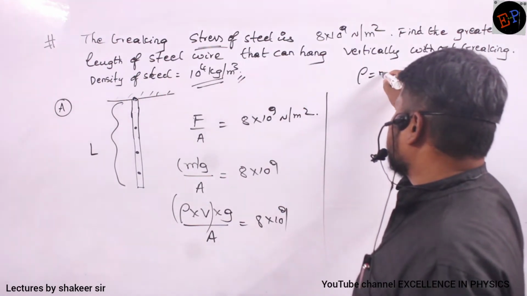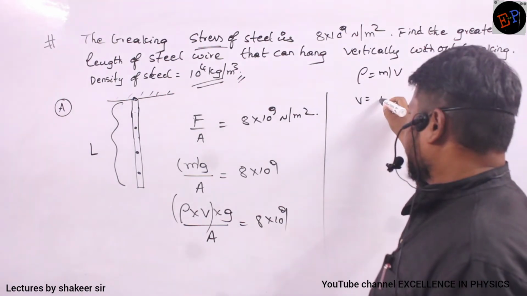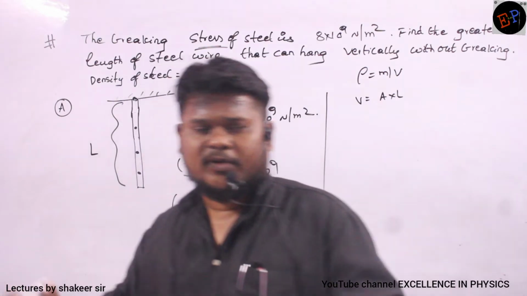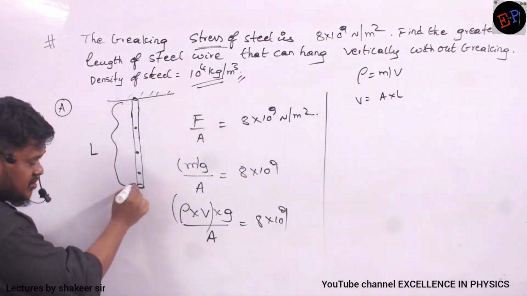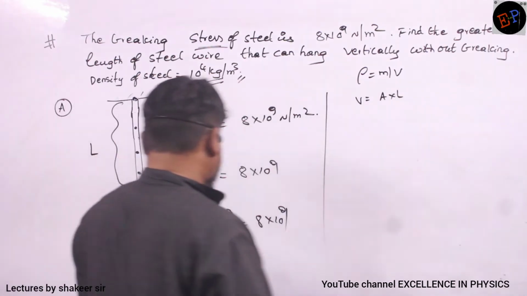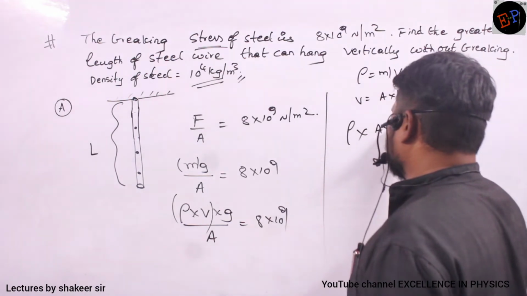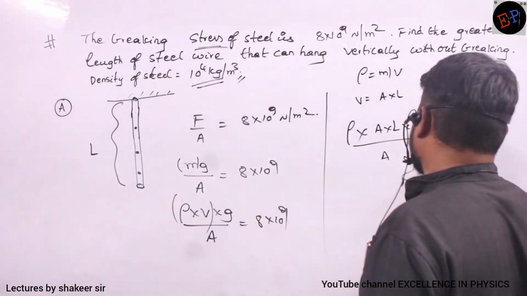Density is equal to mass by volume. And volume I can write as area of cross section multiplied by length. What is the formula for the volume of a cylinder? Area of cross section multiplied by length of the rod. So substitute here: density into A into L multiplied by G divided by A is equal to 8 into 10 power 9.